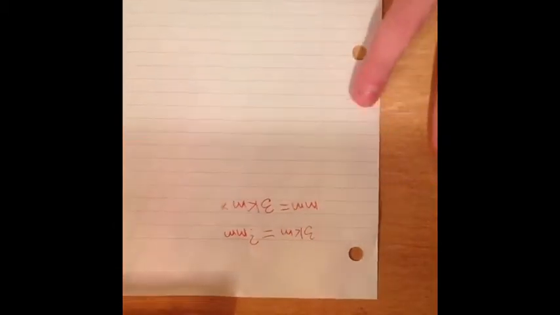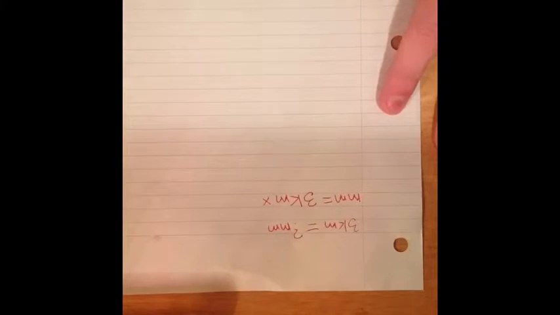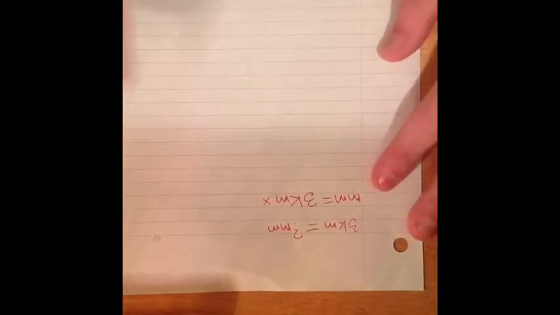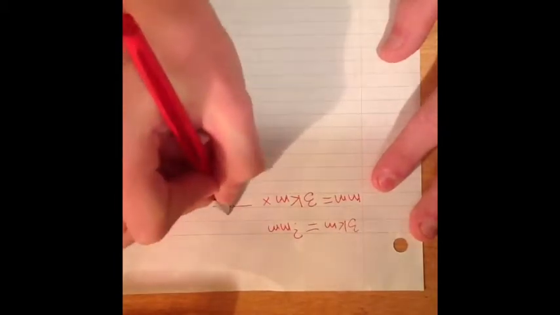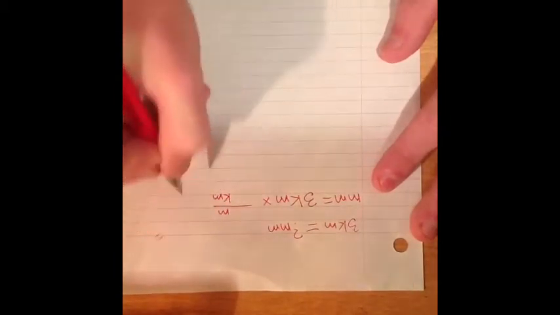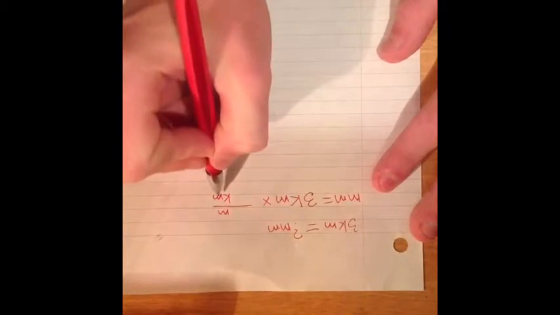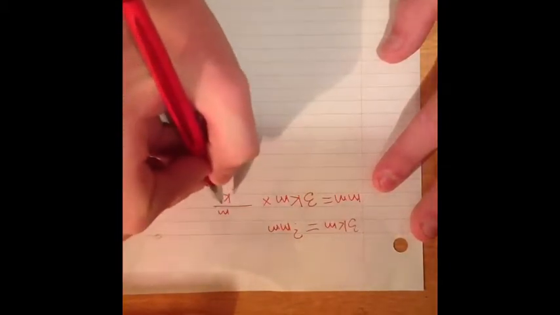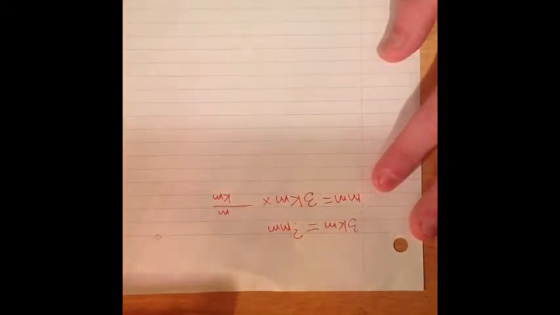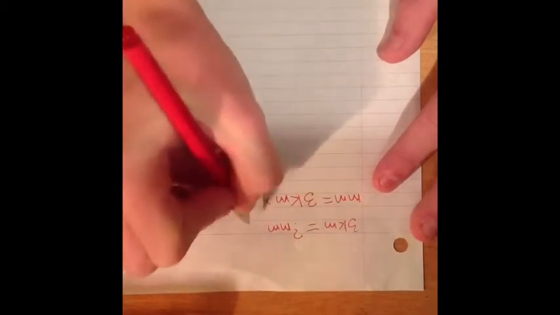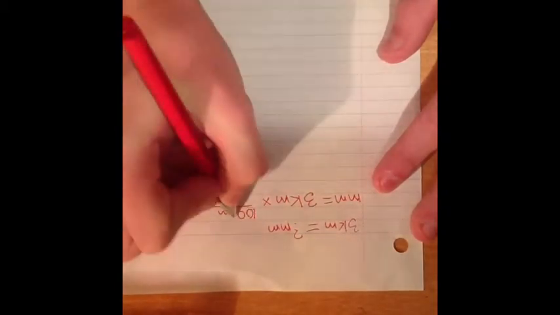Now you want to probably simplify this into meters first so that it's just easier, so there's less numbers floating around. So it would be meters over kilometers because you want to try and cancel out the kilometers. So then you would put how many meters per 1 kilometer, which is 1,000.